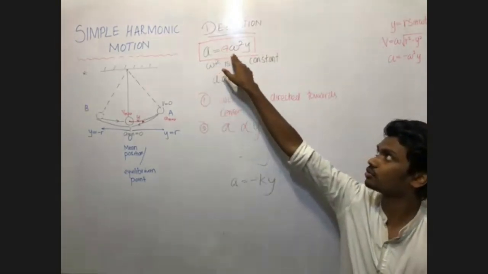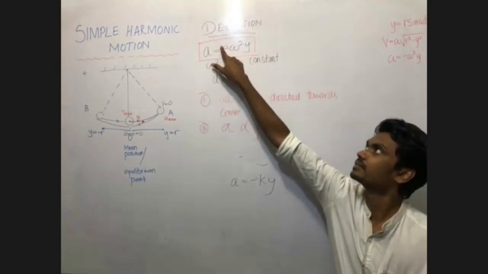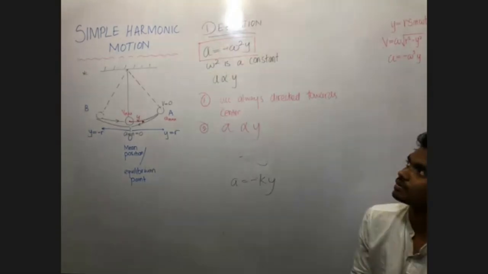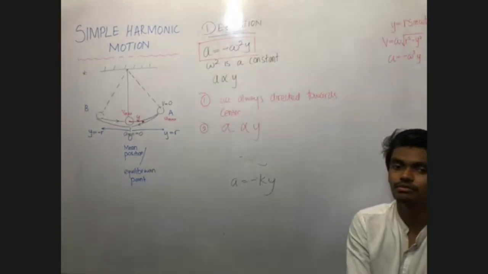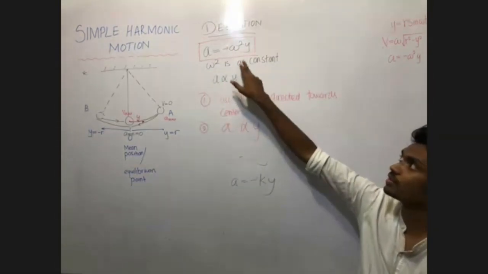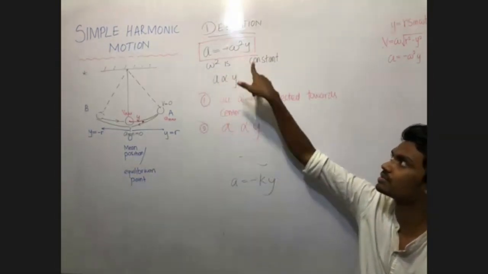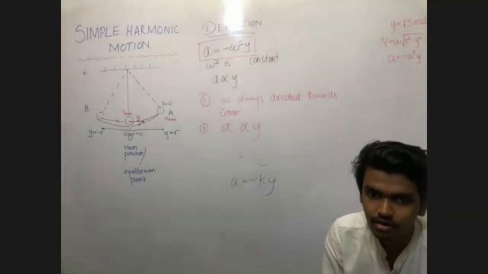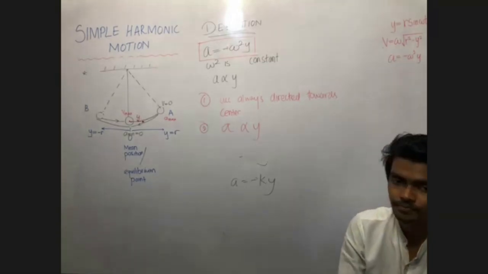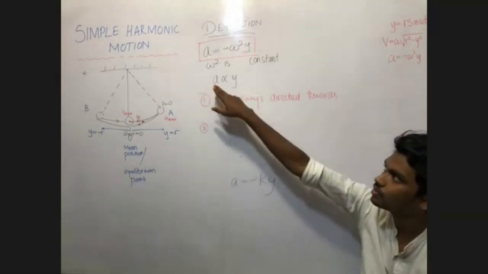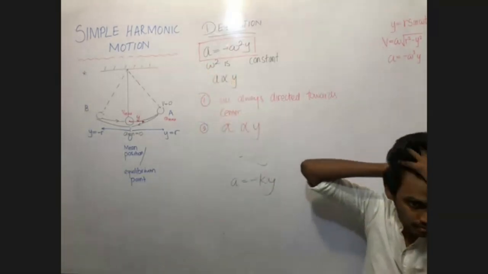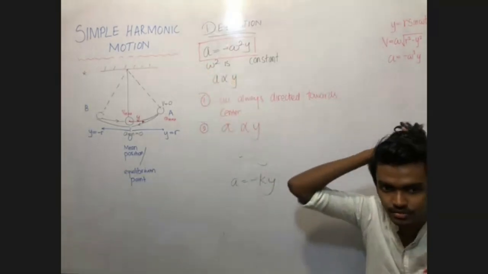A is equal to minus omega squared y. Omega squared is a constant. Therefore, A is directly proportional to Y.